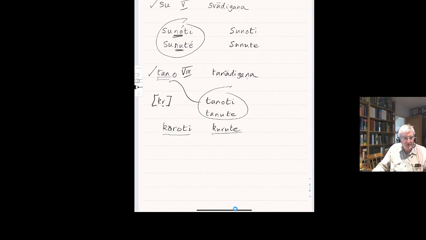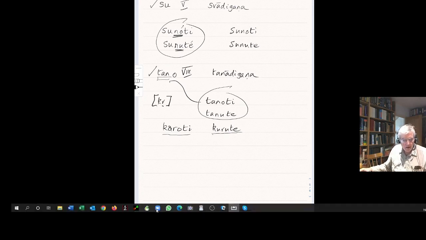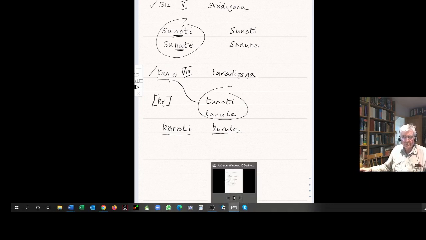Then with phonetic mutations you get what look like complete wild oddities in Pali, but in fact are perfectly regular if you trace it back to the Sanskrit. So that deals with classes 5 and 8, and finally we will look at class 9.